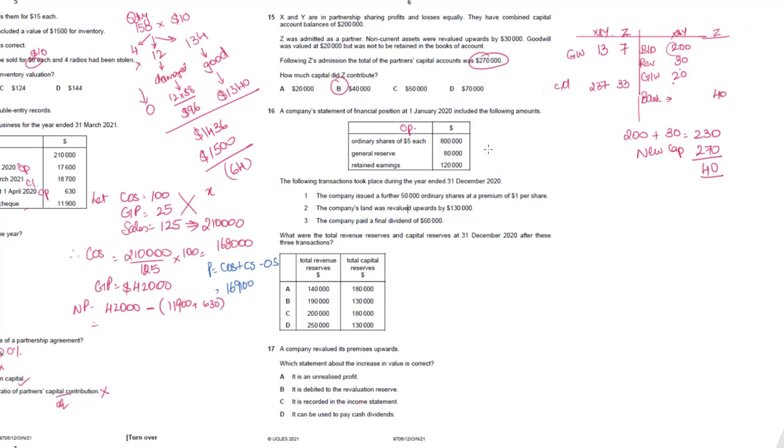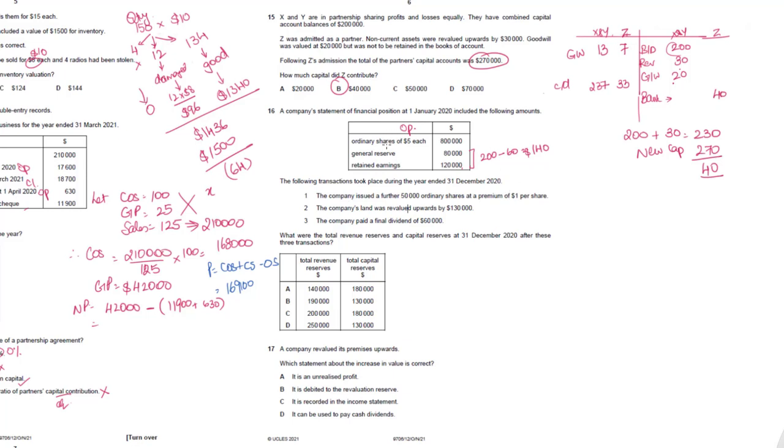Okay, the revenue reserves would be general reserve and the retained earnings. So opening is 200,000. To this, profit should be added, but the annual profit is not given in this case. Dividend is given, so you'll subtract dividend. So 140 is the retained earnings after the transactions. What about capital reserve?